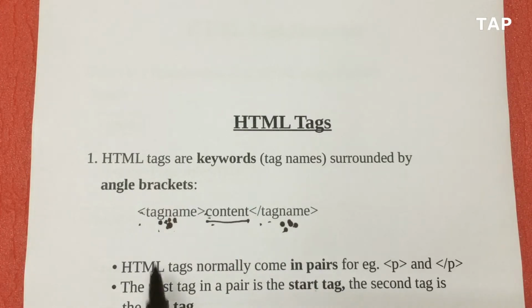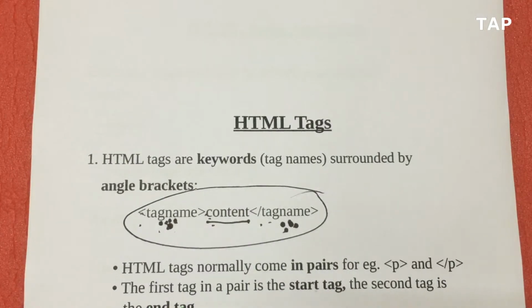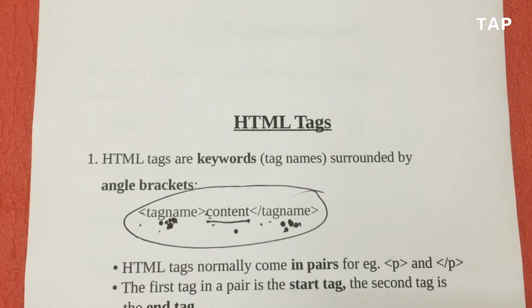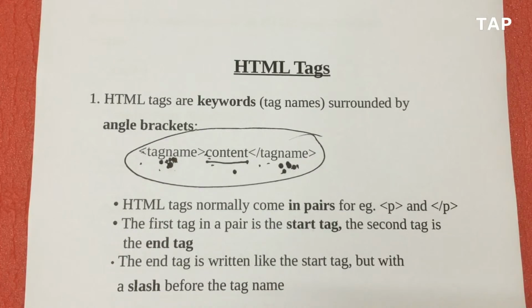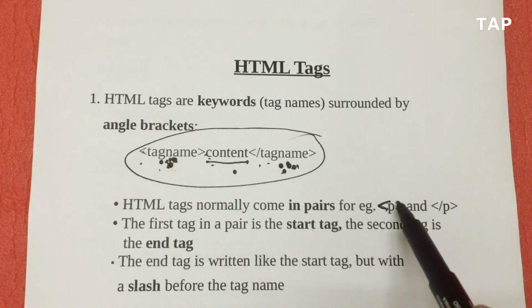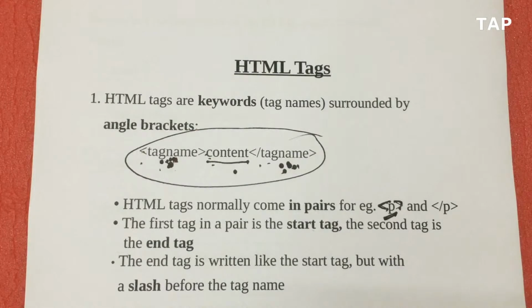So the format of all HTML tags is like this. You start with the tag name, write your content, then end the tag. For example, these are the angular brackets, this is the starting point, and this is the tag name P. You can see my paragraph HTML tutorial to know more about the P tag.